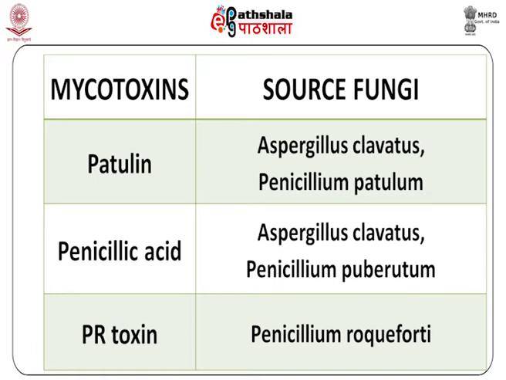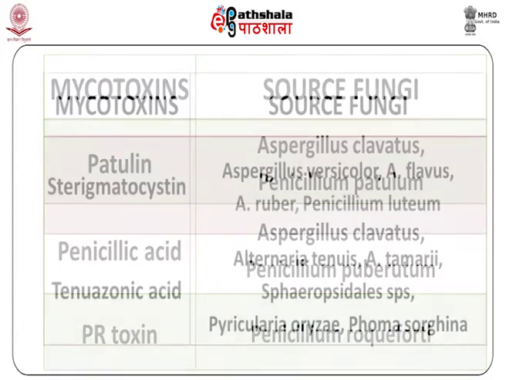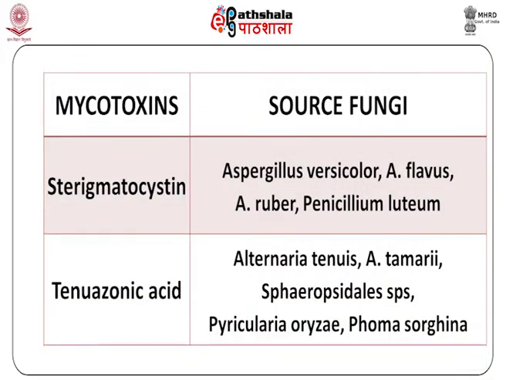Next mycotoxin is PR toxin, whose source is Penicillium roqueforti. Next is Sterigmatocystin and the sources are Aspergillus versicolor, A. flavus, A. ruber and Penicillium luteum.